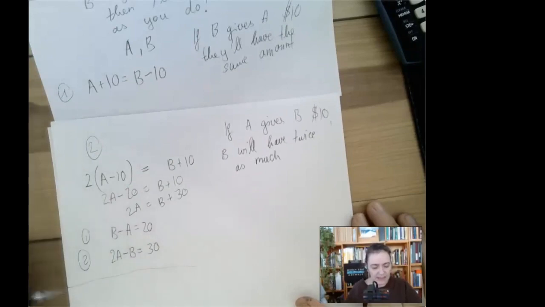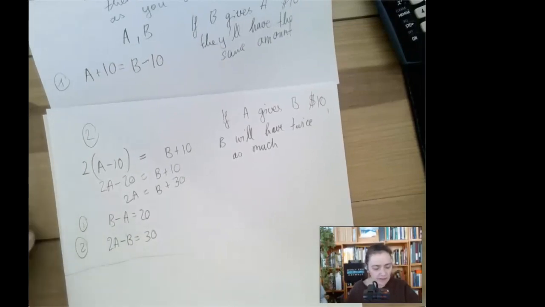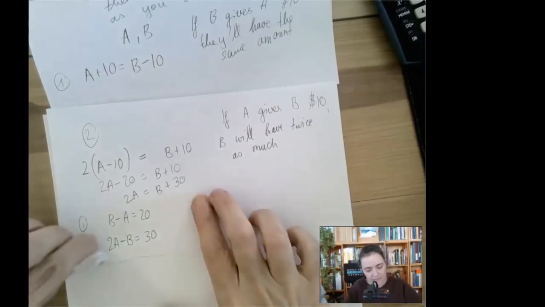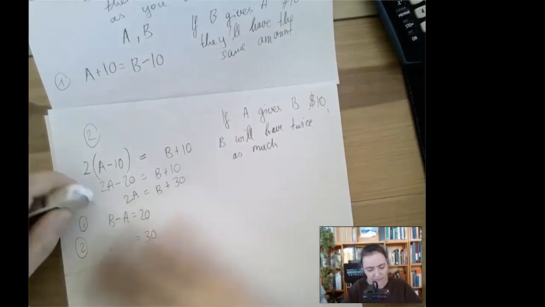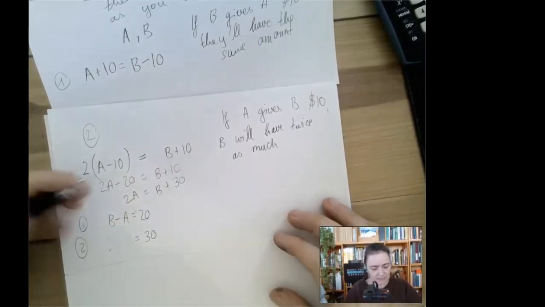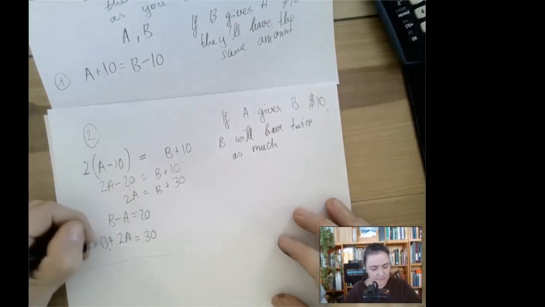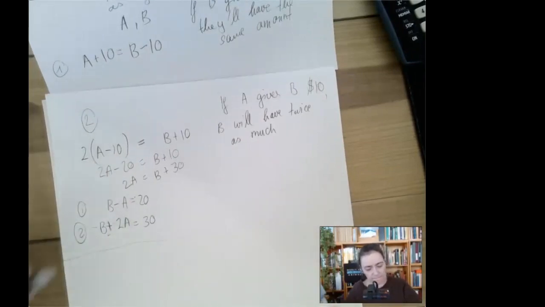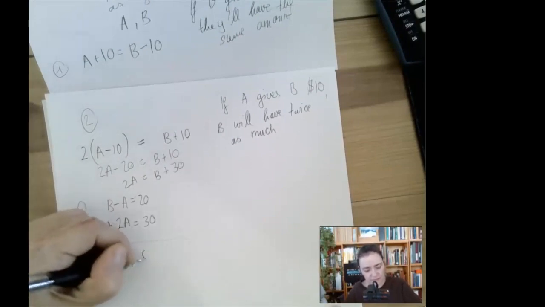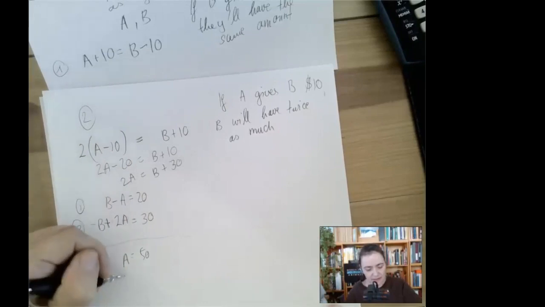We can just add in this form and B will cancel out and A falls into our lap, right? This is minus B plus 2A. So when we add, B cancels out and A is 50. And then B is 70.